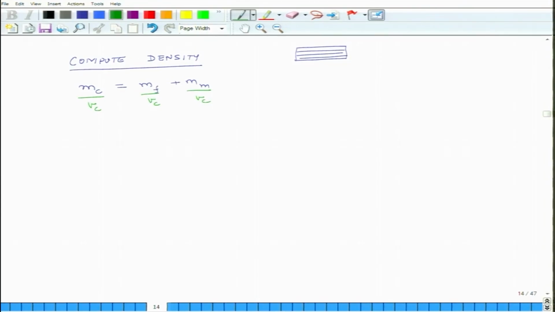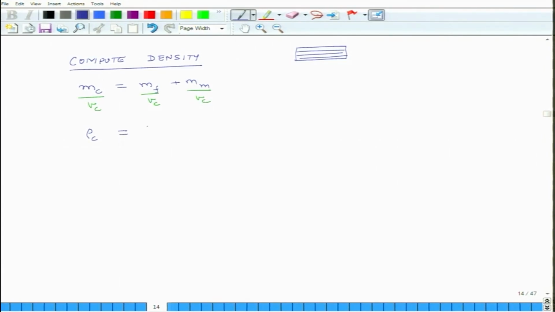So, what do we get? Mass of composite divided by volume of composite is what? Density of composite material. So, this equals, now what is mass of fiber?